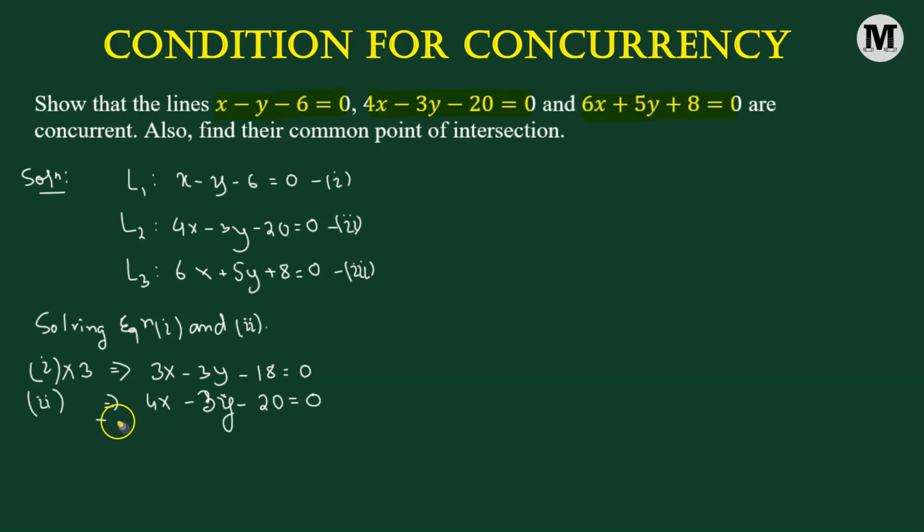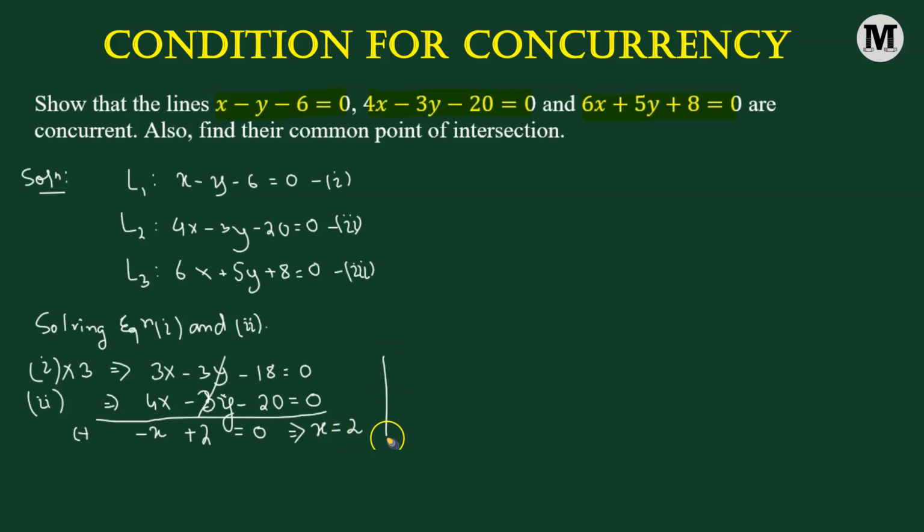Now let's subtract the two equations. When we subtract, we have 3x minus 4x, that makes it negative x. Negative 3y minus negative 3y gets cancelled out. Then we have negative 18 minus negative 20, so that makes it positive 2. So negative x plus 2 equals 0, which means that solving for x, we get x equals 2.